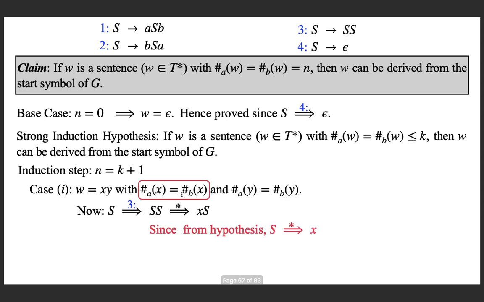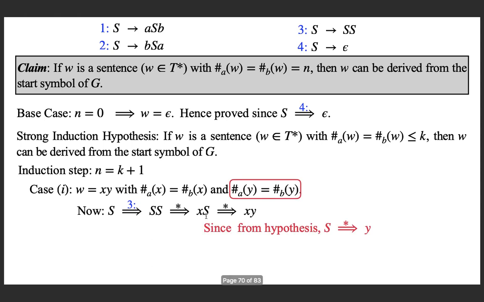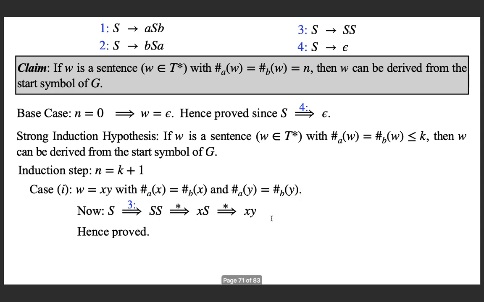So from the induction hypothesis you can derive any X with an equal number of A's and B's, because the number of A's here is less than or equal to K. And now from this S you can derive Y using 0 or more steps, again from the induction hypothesis, because the number of A's and B's are the same in Y and that number is less than or equal to K. From the strong induction hypothesis we know that Y can be derived. So for the first case we are done.